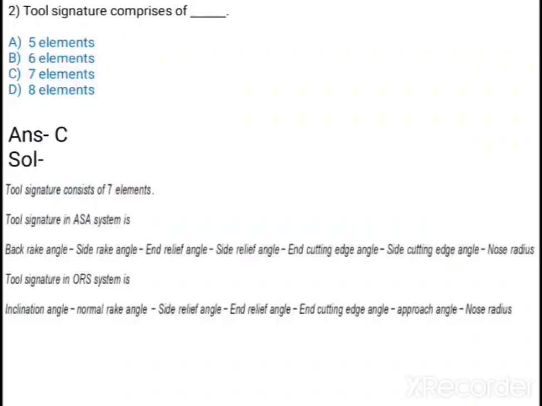Next question, tool signature comprises of 5 elements, 6 elements, 7 elements, 8 elements. Basically tool signature consists of 7 elements.